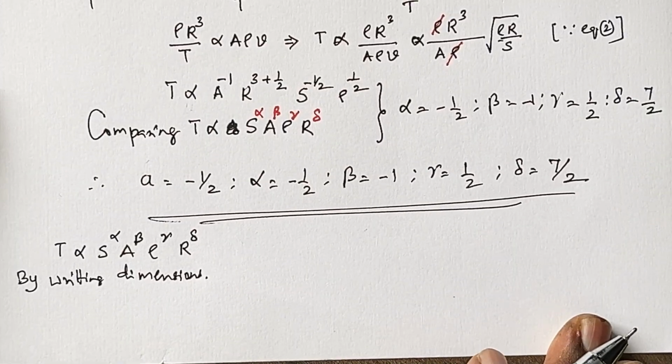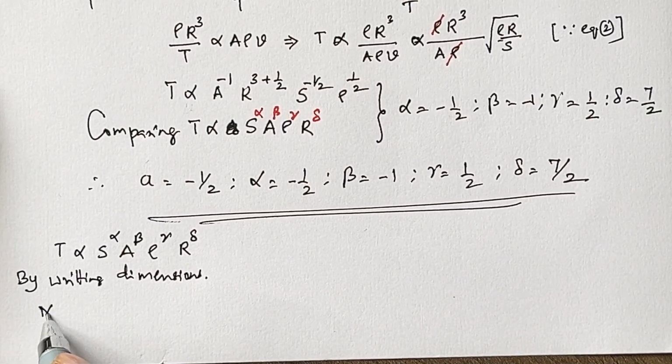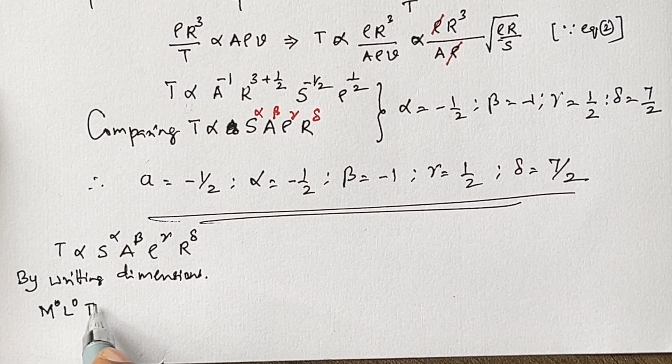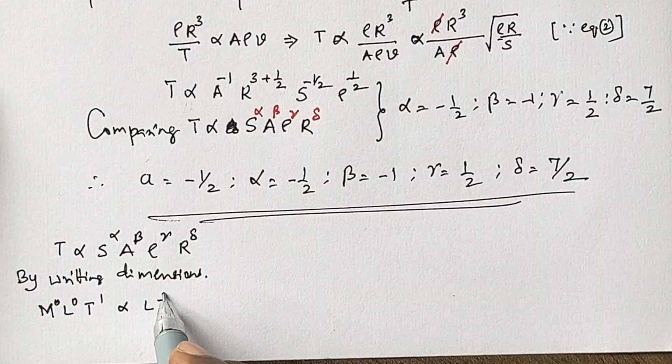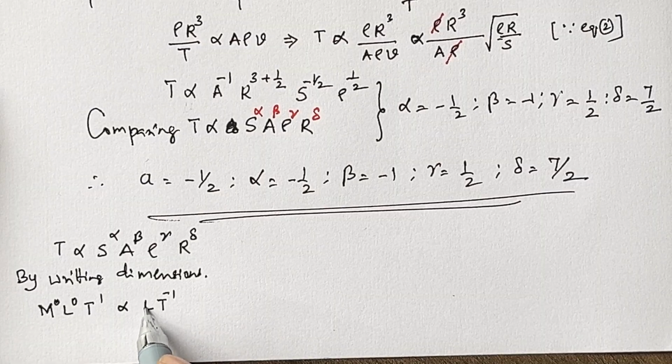Time dimension: M power 0, L power 0, T power 1, proportional to, here S means surface tension.